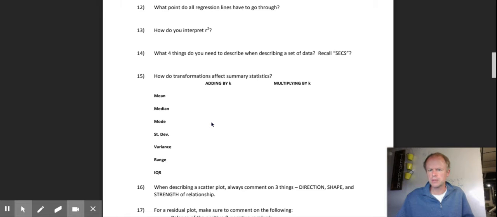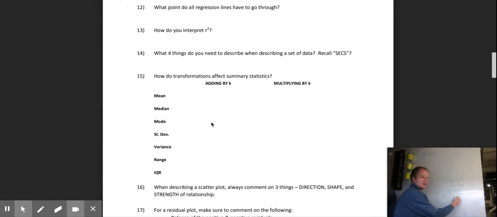When we multiply by a number, so suppose I took a set of data and I doubled every number. So if I have a set of data like 1, 2, 3, 4, 5, and I multiply by 10, then I have 10, 20, 30, 40, 50, and I think about how that impacts the results of all these different statistics.